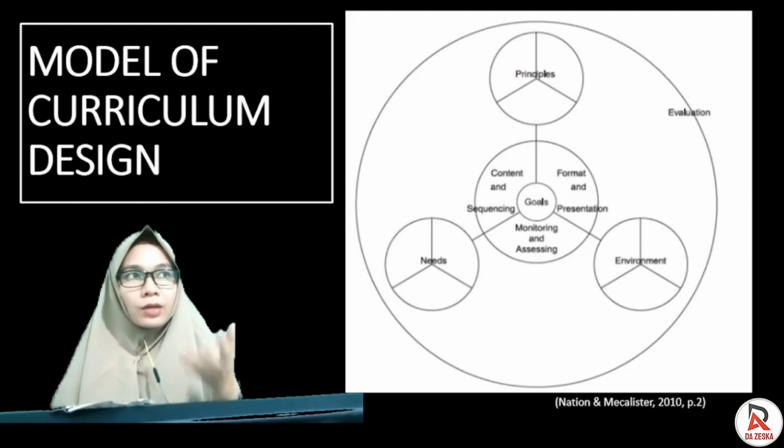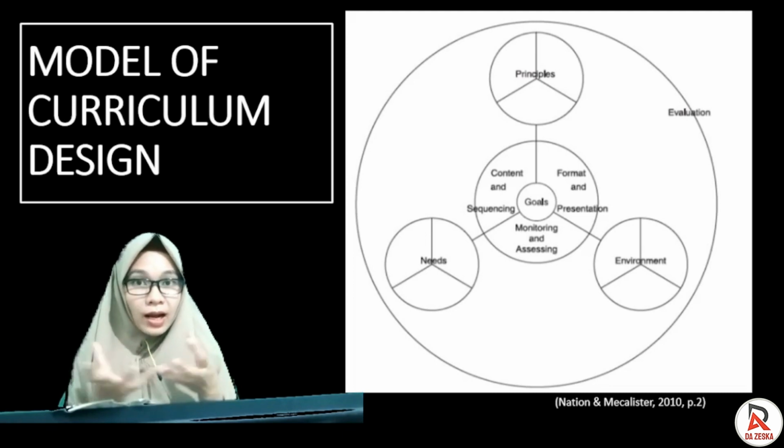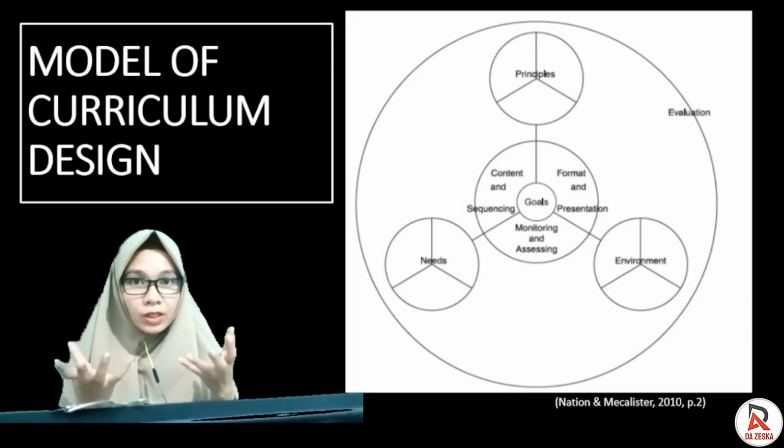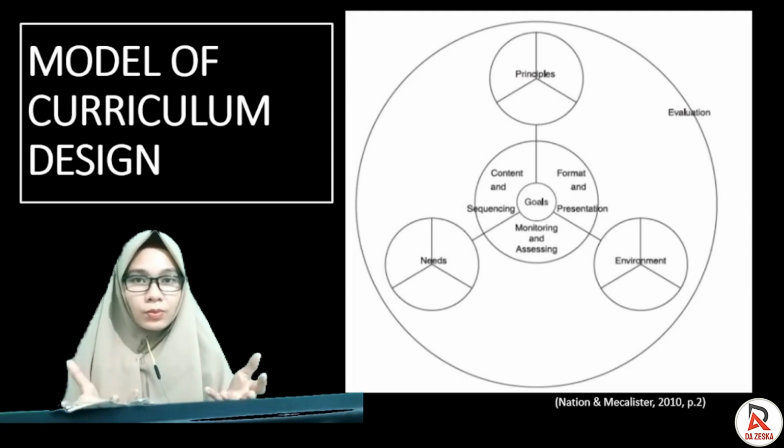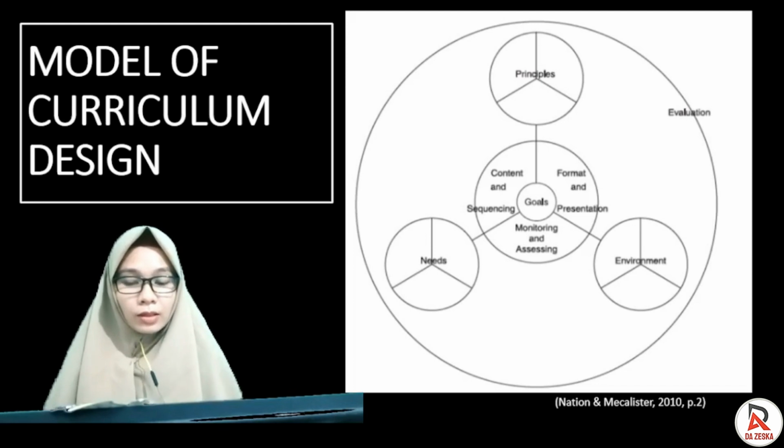Content are the materials that should be learned, the materials or items or topics of teaching and learning that you will give to students. So that's content.